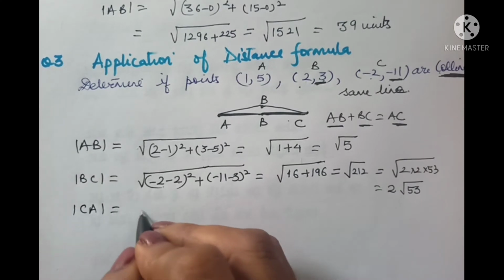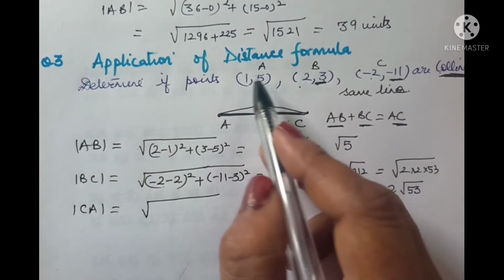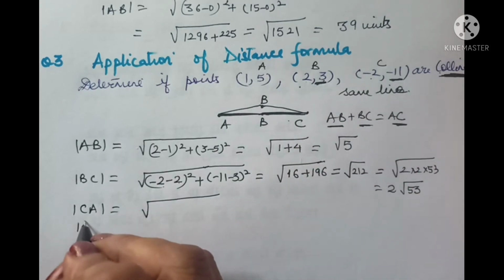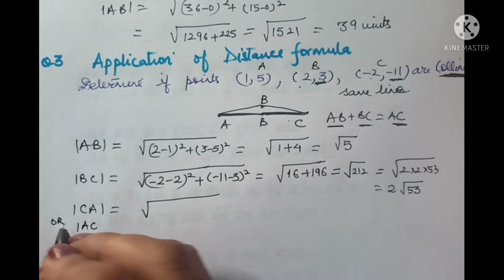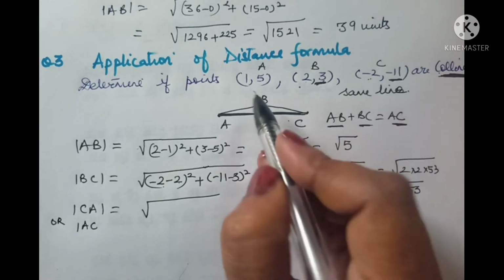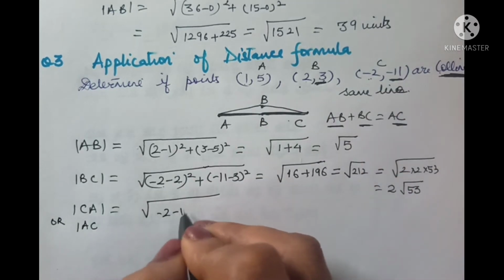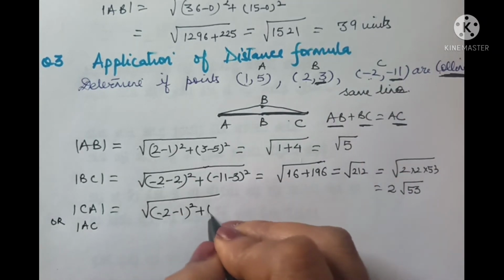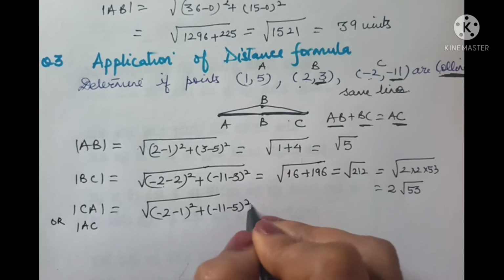Let us find out CA now. Square root of, now AC or CA, the one and the same thing. It's minus 2 minus 1 square, plus minus 11 minus 5 square.